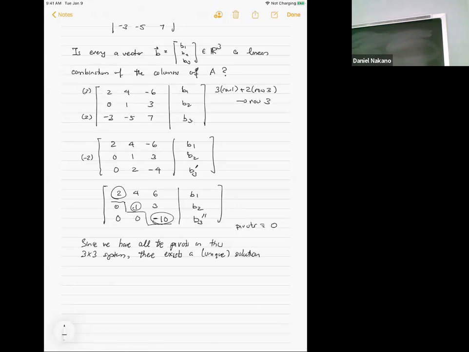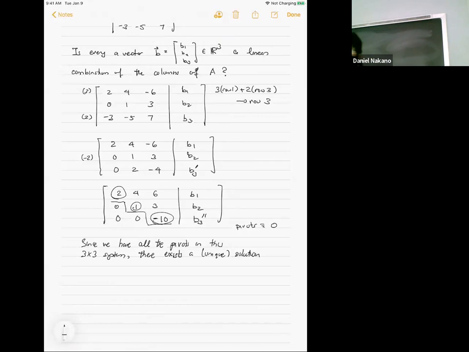You can kind of see already that it has to have a solution because we have minus 10x3 is equal to B3 double prime. So I can solve for x3. Then I can go to the next equation and solve for x2. And then I can back substitute up to the first equation and solve for x1 also. So we definitely know, because we have non-zero pivots, that we have a solution to the system of equations.